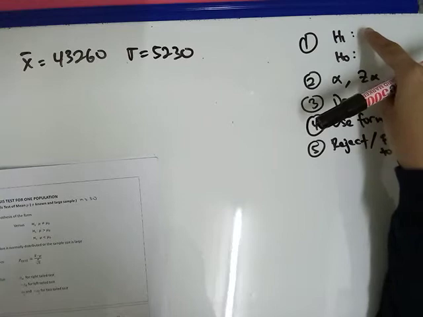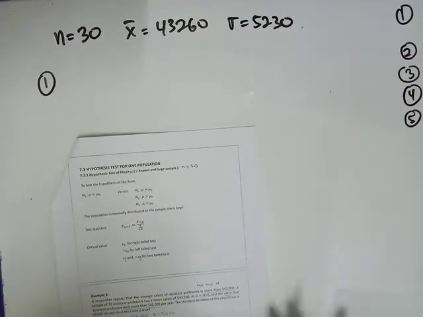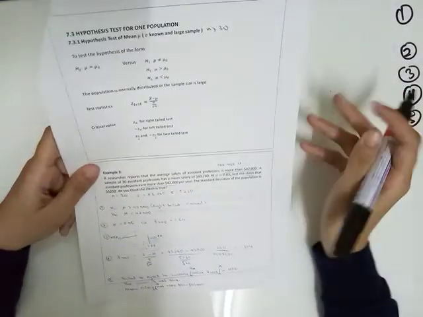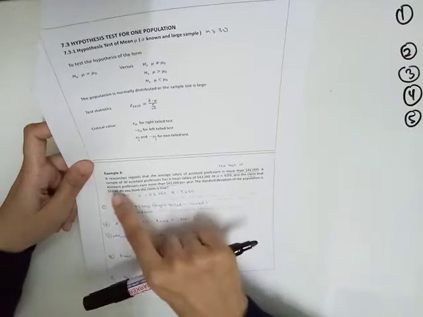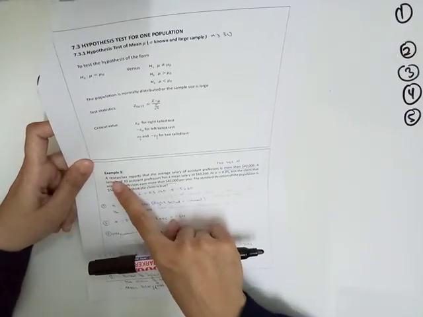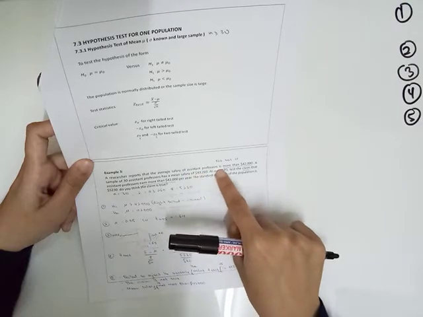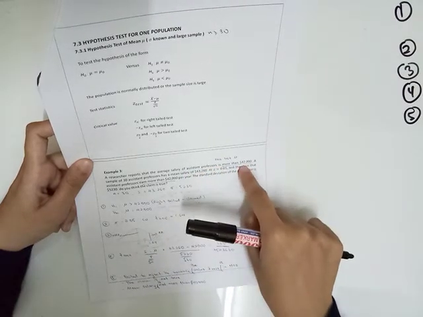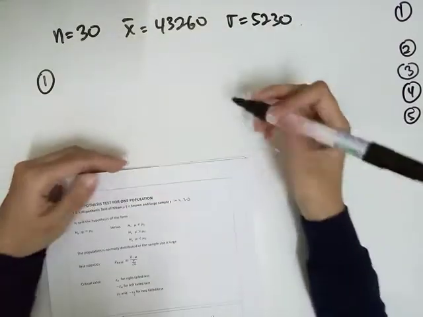Before we state the H1 and H0, how do we know? It will give a hint from the statement, from the first sentence: a researcher reports that the average salary of assistant professors is more than 42,000. So the hint is more than 42,000, the sign is more than.